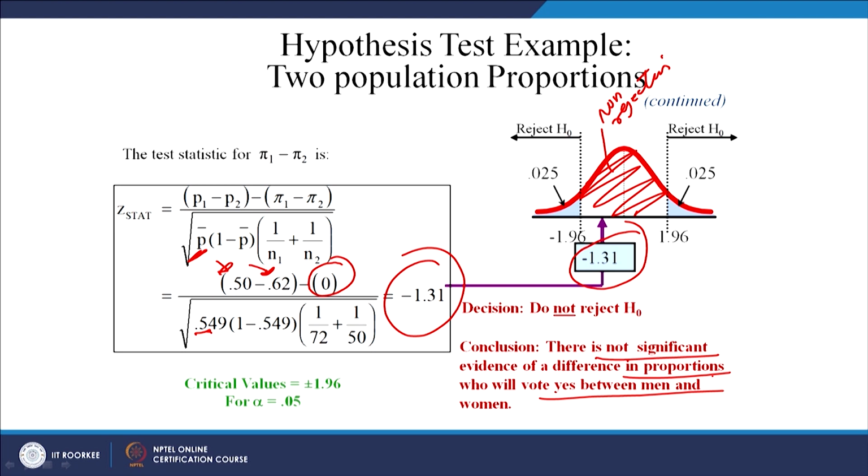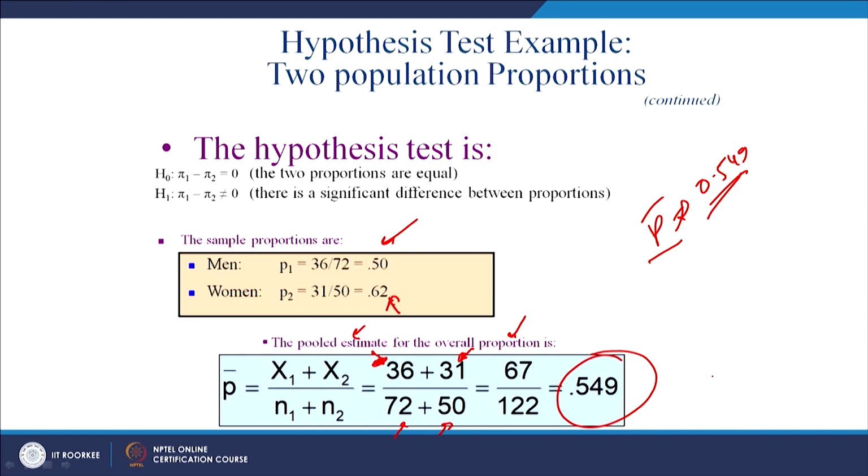So, we won't say that woman vote more compared to men, right? But if you look at just this P2 value, then you would conclude that woman would prefer proposition A more than men, right? But it is not like that. Statistically, they are one and the same thing. They vote in the same direction, right?